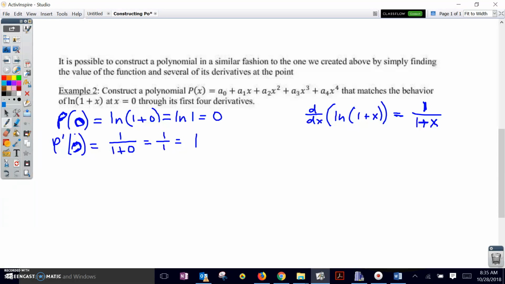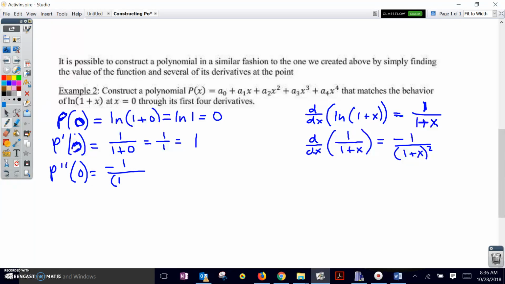And then for the second derivative, we want to take the derivative of the quantity 1 over 1 plus x, which is equal to negative 1 over the quantity 1 plus x, quantity squared. And so we want the second derivative of this at 0 to be equal to negative 1 over 1 plus 0, the quantity squared, which is negative 1 over 1, is negative 1.